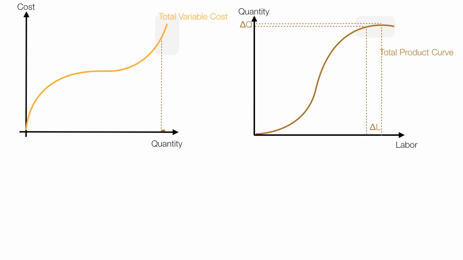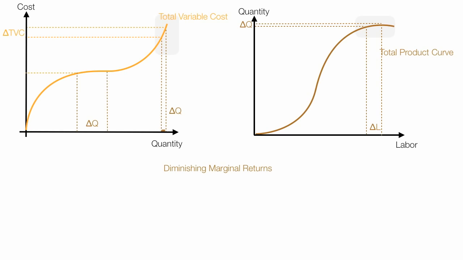And it turns out this little bit of quantity increase is kind of expensive, especially relative to what I got before. And this is due to diminishing marginal returns. Let me draw on the first quantity and cost for you so you can compare those two.